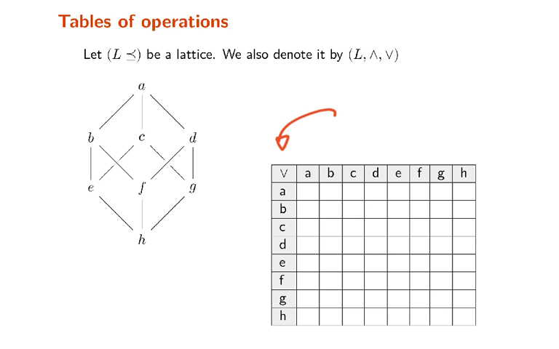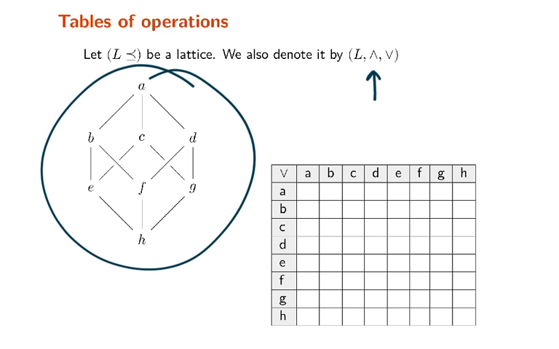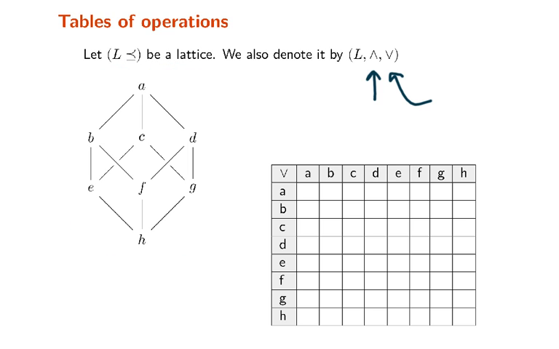We can do the same for the join, and it will also help to have in mind, to do these operations, the analogies or the particular cases that we have seen, where the meet is actually the intersection of subsets, and the union will correspond to the join.